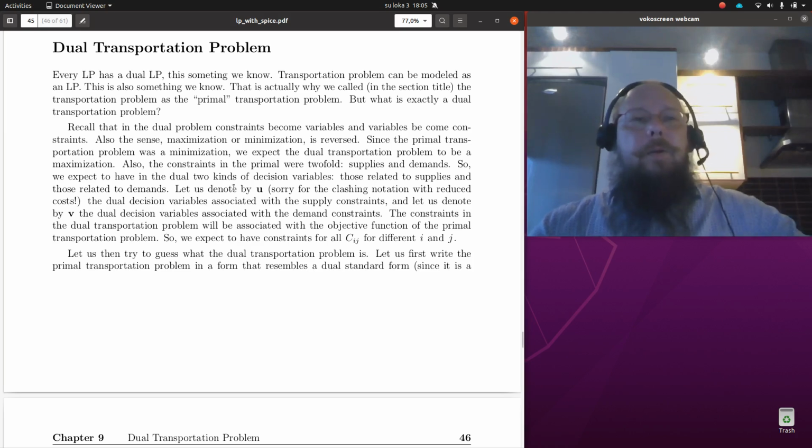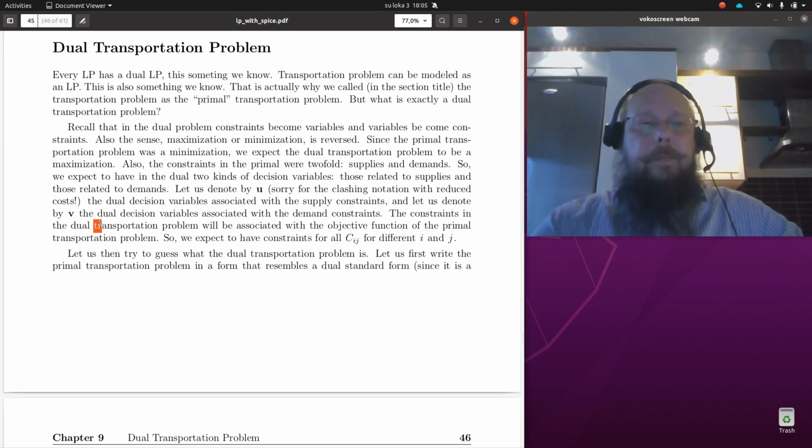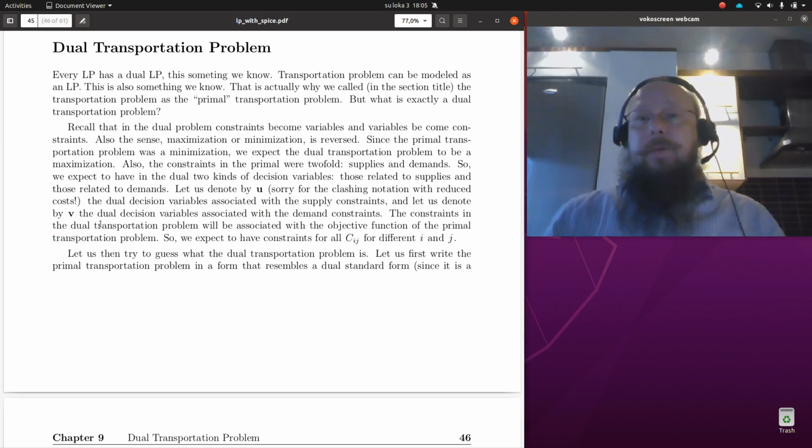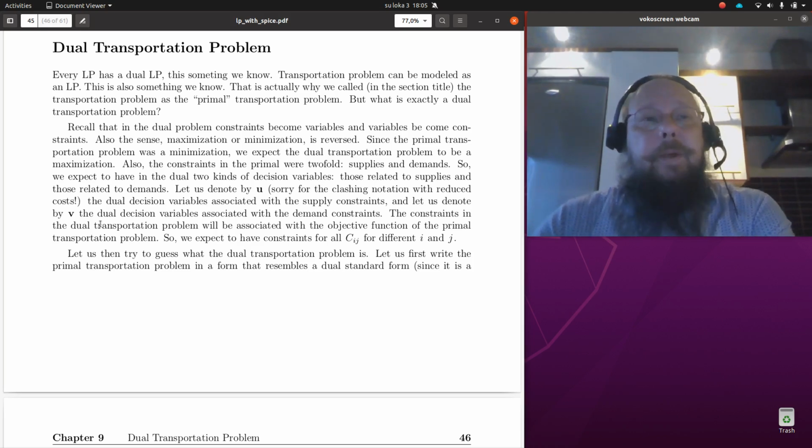Let's denote by U the dual decision variables associated with the supplies, and V the dual decision variables associated with demands. And again, sorry for the clashing notation. The U's will now be the decision variables in this dual. They are not the reduced costs. But you should be used to this, that different problems have clashing notation. This is the way of life.